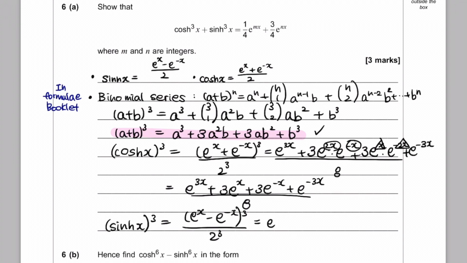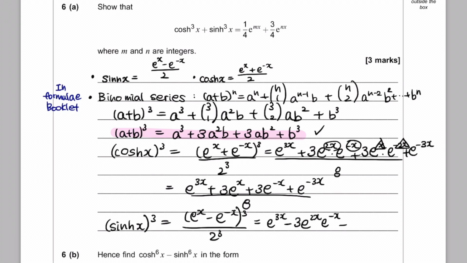It still becomes e to the power of 3x. Now it's 3 e to the power of 2x because the first term got squared, and then the b is now minus. So it's not plus here anymore. It becomes negative because of the second term, and it's e to the minus x.